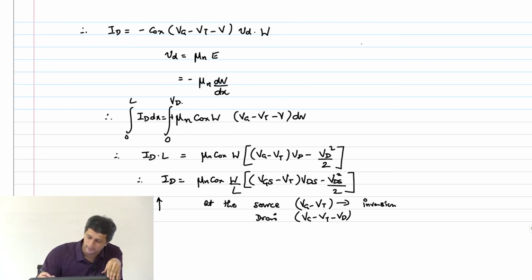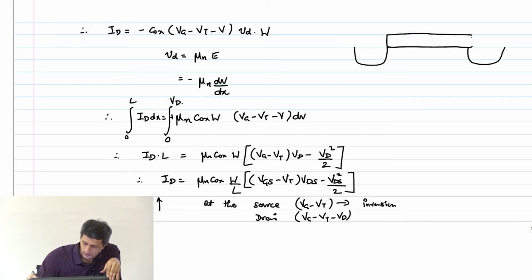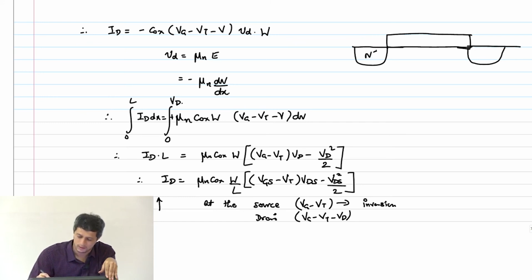So if I have my drain, source and my oxide and gate sitting here, n plus, as I increase my Vd, the free electron concentration will be like this. It's non-uniform.